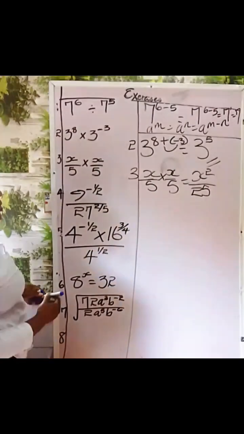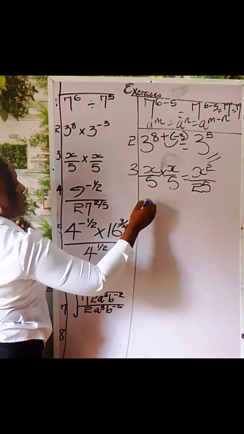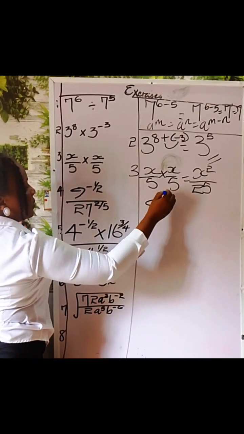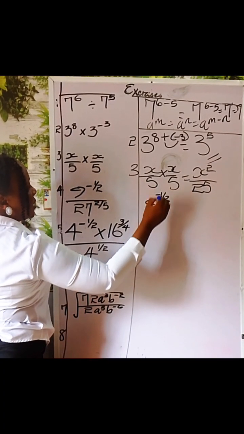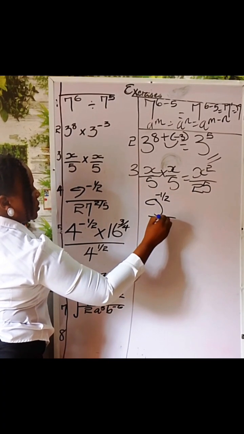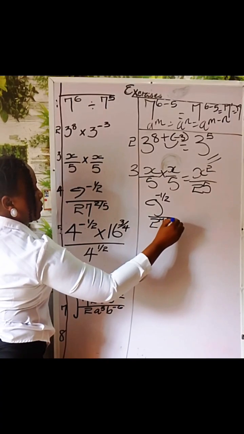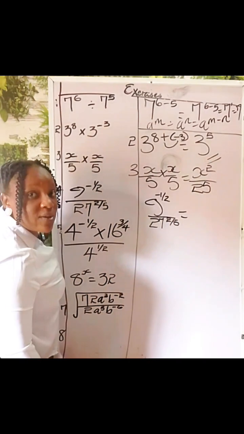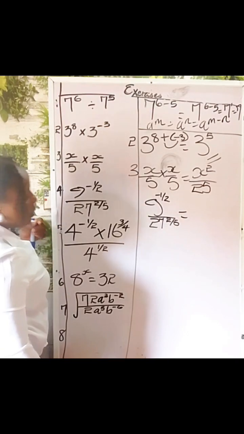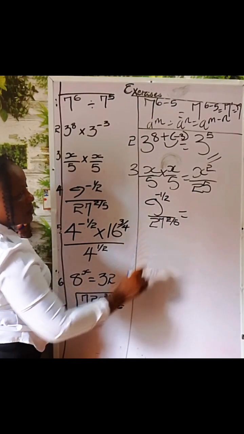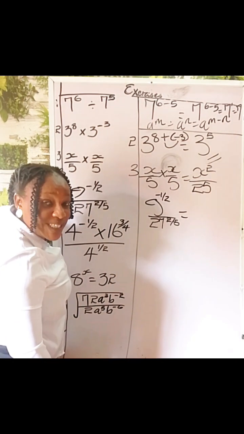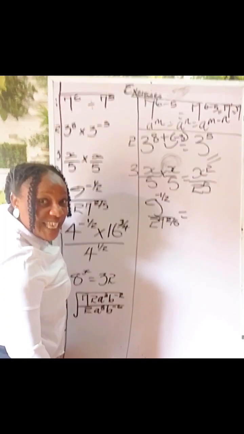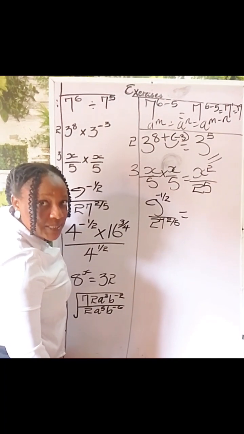Understand? Very good. Okay, now 9 raised to the power 1 over 2 times 27 raised to the power minus 2 over 3. Please, when you have something like this, just look at these 2 numbers. Do you see that you can express them in a simpler base?